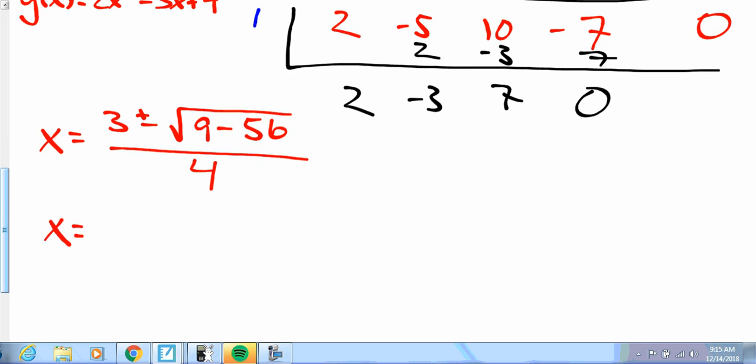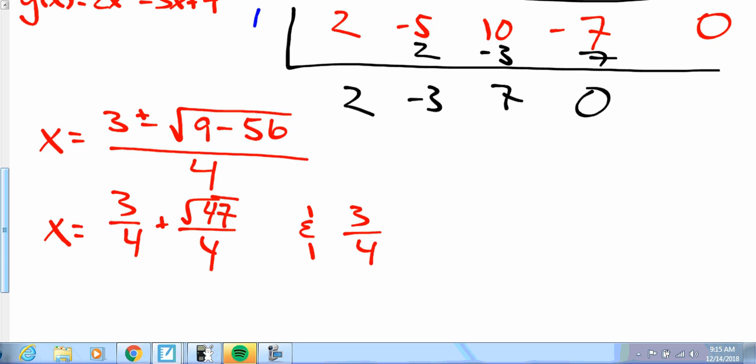I get x equals 3/4 plus root 47 over 4 i, and I get 3/4 minus root 47 over 4 i. I almost forgot my i's again, right? You're going to be my i keeper, okay? So, if we're given enough information, we can even find complex roots, right?